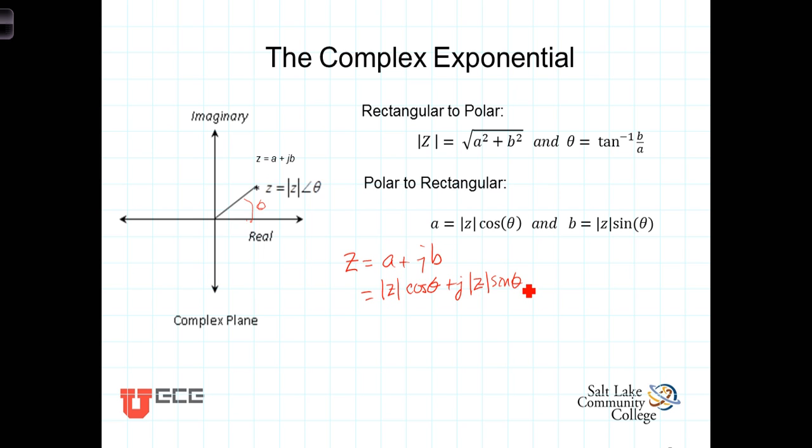See what I've done? I've written it in rectangular form with a real part plus j times the imaginary part, but I've written the quantities in terms of the polar values of z, or mag z, and theta.